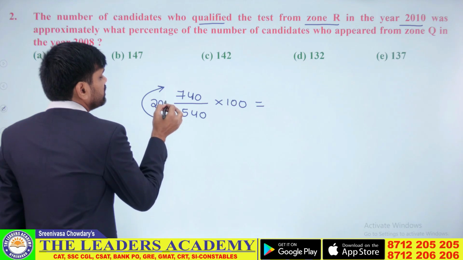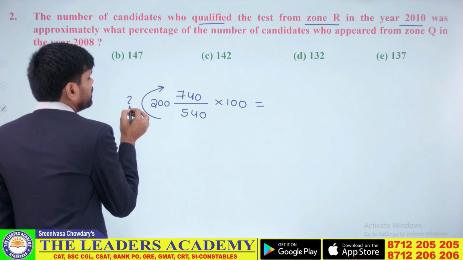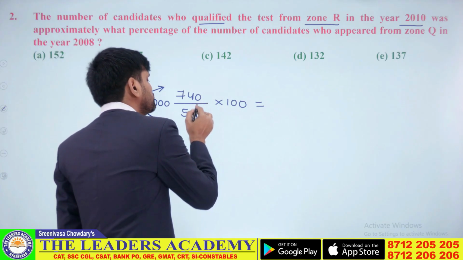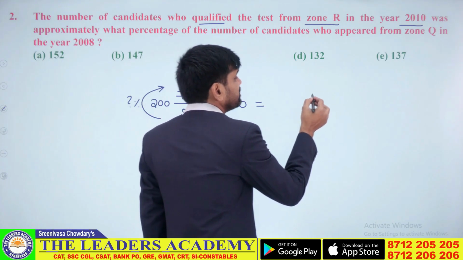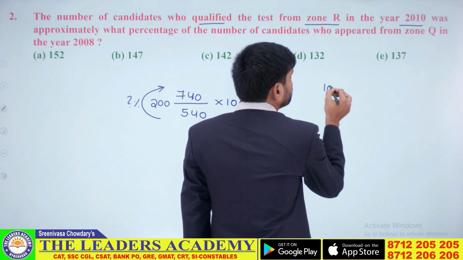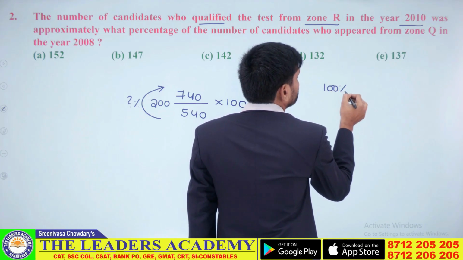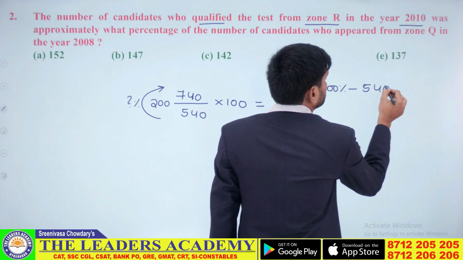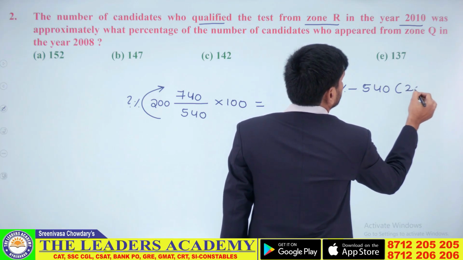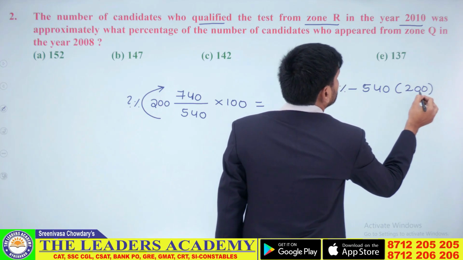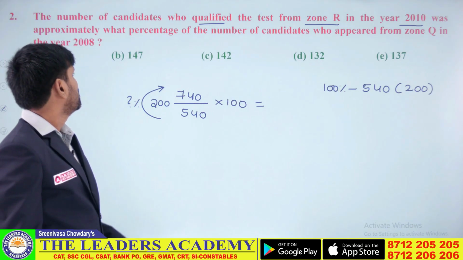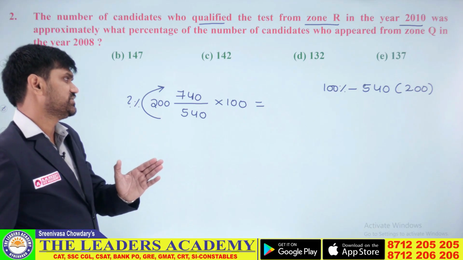We have to add 200. 200 means how much percent I should add? Which means this value is more than 100% of this. So 100% of 540 will be how much? 540 only. How much more I should go for? 200 more. 200 more means I have to go for how much percent?